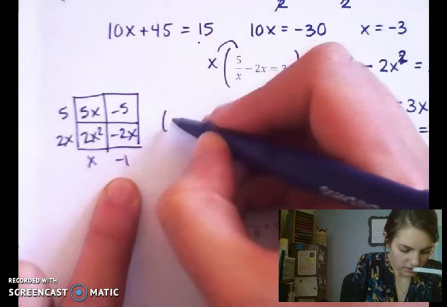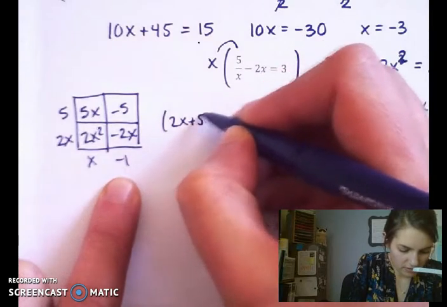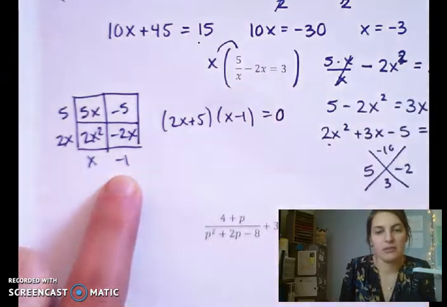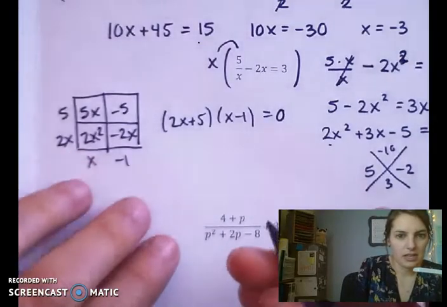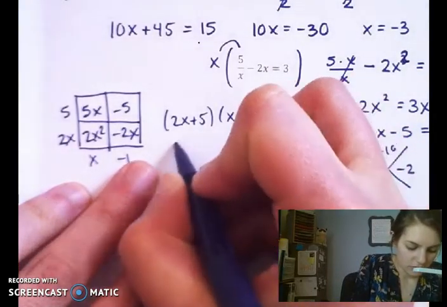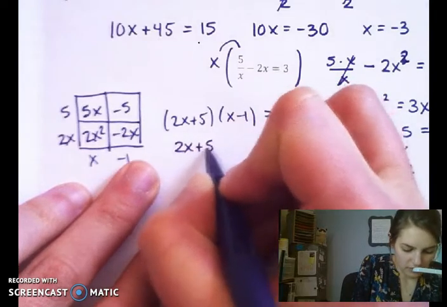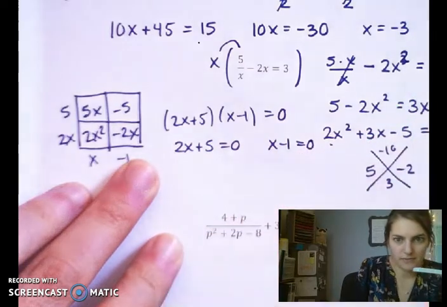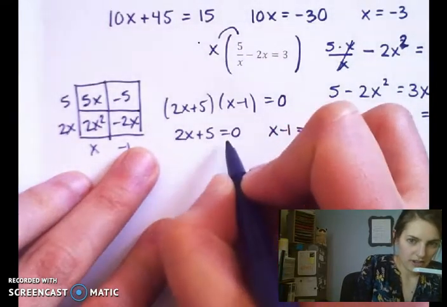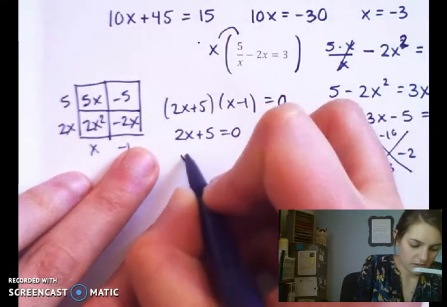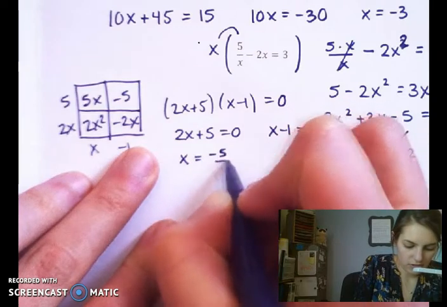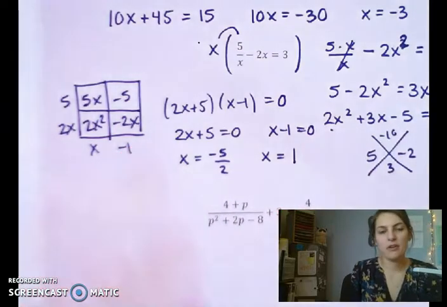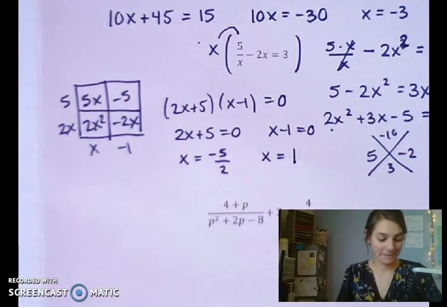So factors, 2x plus 5, x minus 1, and those factors equal 0, so it's time to do the ZPP. So 2x plus 5 equals 0, x minus 1 equals 0. Flip the 5 to negative and divide by 2, so x equals negative 5 over 2, and x equals positive 1. Hopefully you got that.